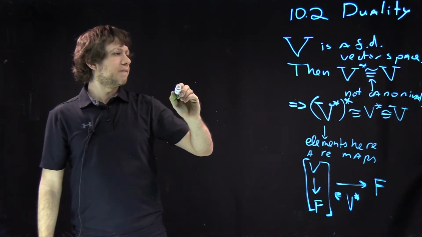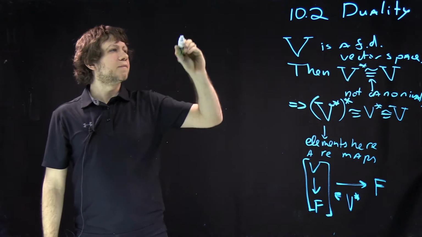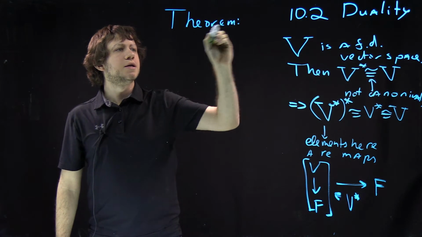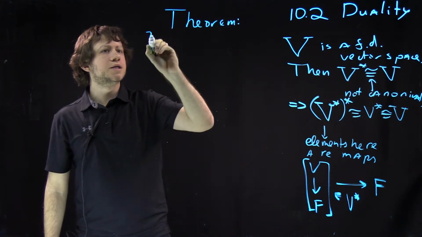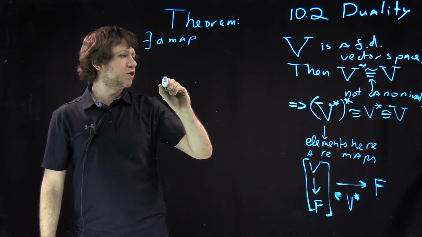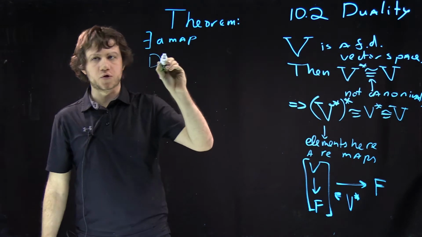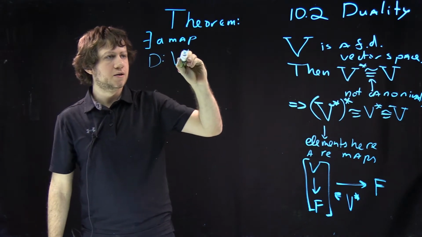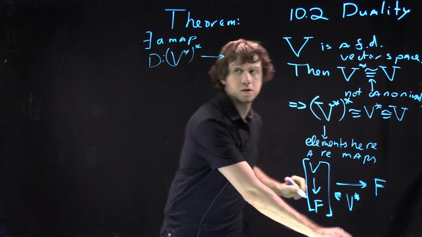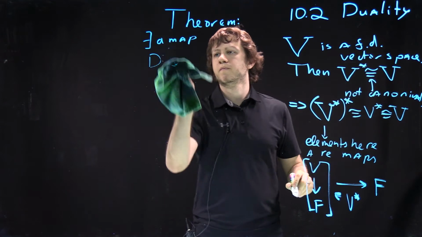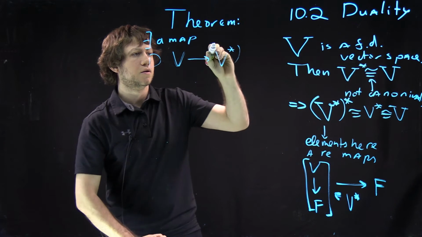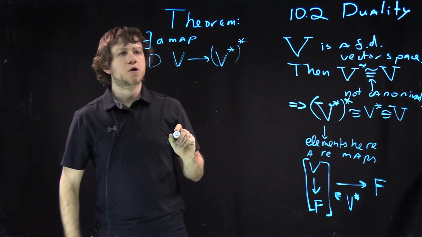So, the claim, or theorem. The main theorem of this part is that there exists a map, which I will call D for duality, from V to V star star.